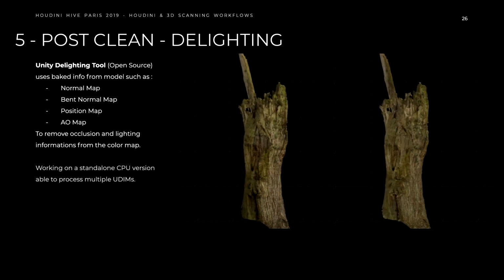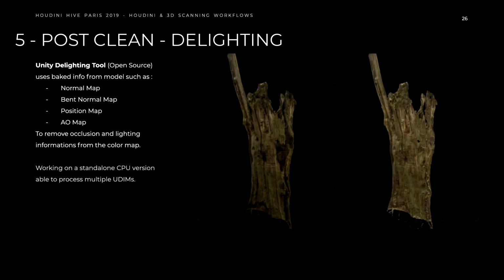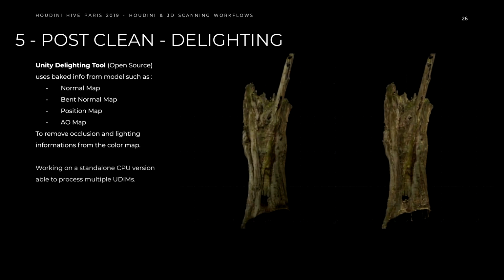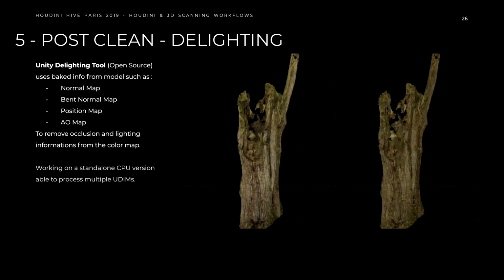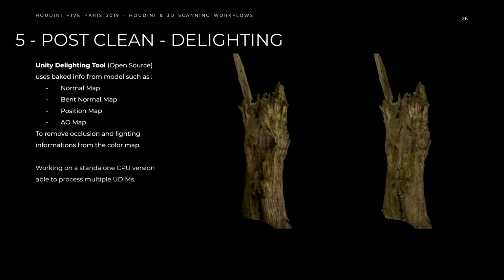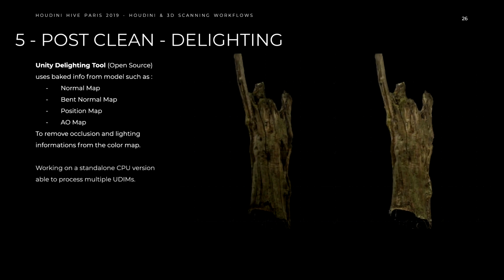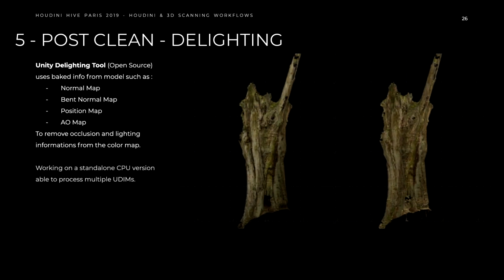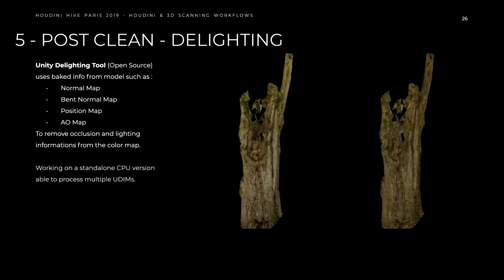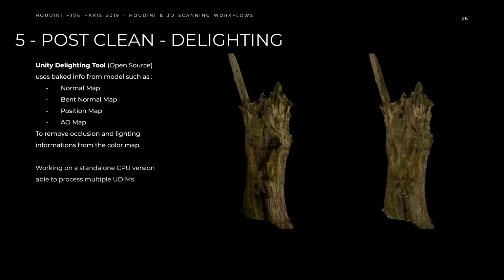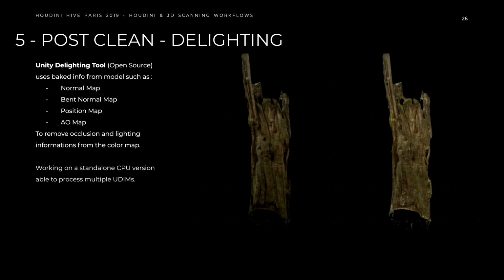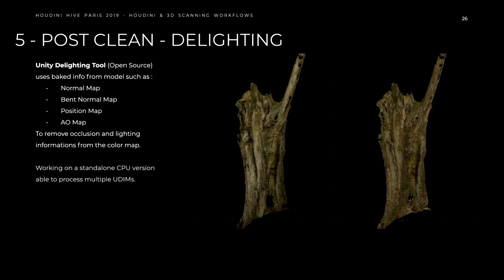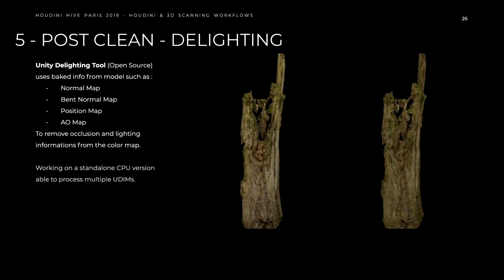They did a nice talk at SIGGRAPH last year, so you can watch that to have a very detailed overview of the tool. But basically, it will take the pixels of your color map, sort them using the normal directions, and then it can reconstruct an environment map to subtract it from the model.